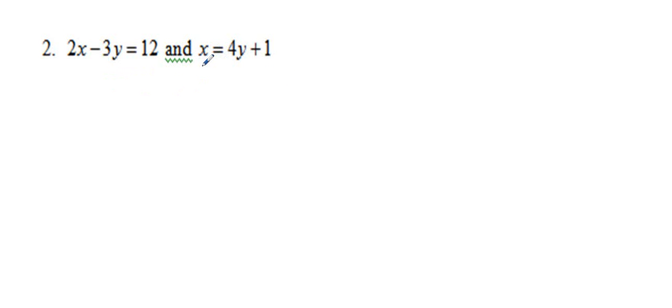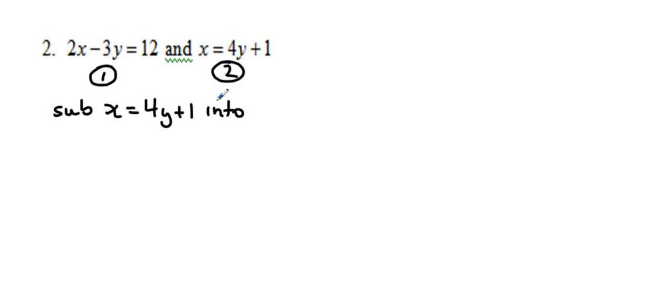Well, you can see that we already have it in x equals form already, so we don't need to rearrange it. We'll call this one 1 and this one 2. And what we're going to do then is we're going to sub x equals 4y plus 1 into the other equation, into 1. Oops.